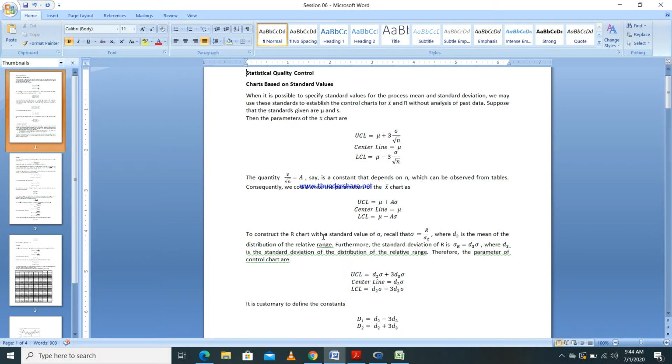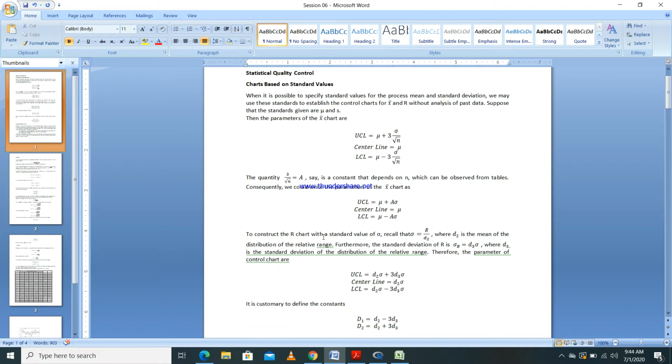In those equations you have some factors, and you have to read those factors from the factor tables. So today I'm going to explain one example of how to construct an R chart using the factor table.